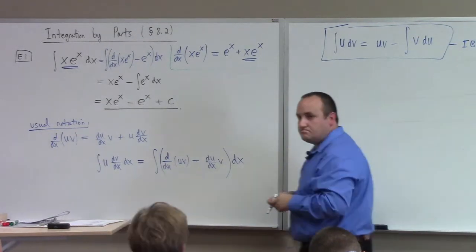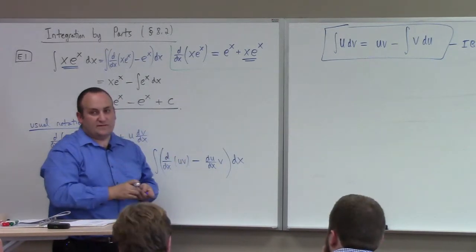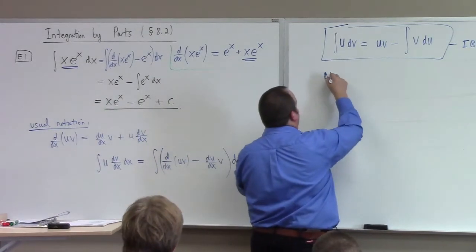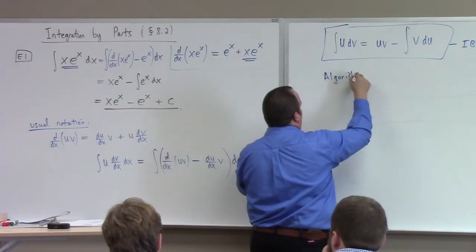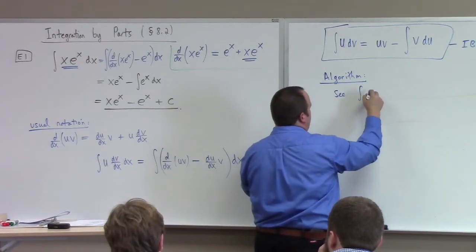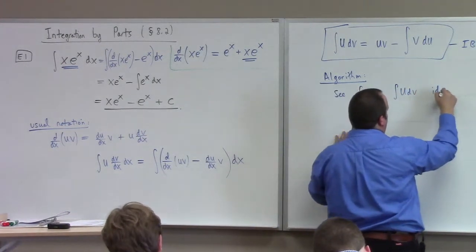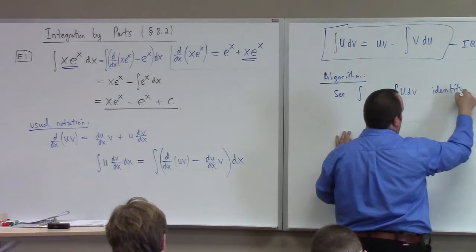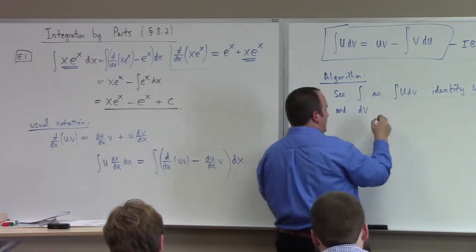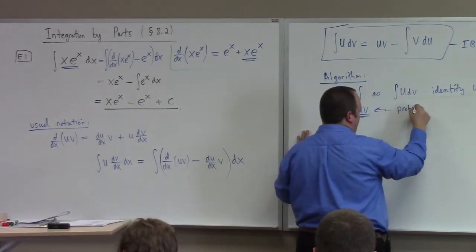So to do integration by parts, we need to identify a u and also a dv, right? So here's the algorithm. See the integral as the integral of u dv, identifying u and dv. Whatever this dv is, it probably needs to be able to what?